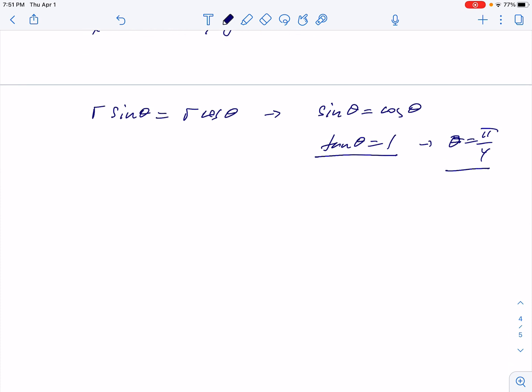There is nothing said about the radius, so the radius is arbitrary. We can even take it negative. And if you draw our angle first, pi over 4 is this angle.